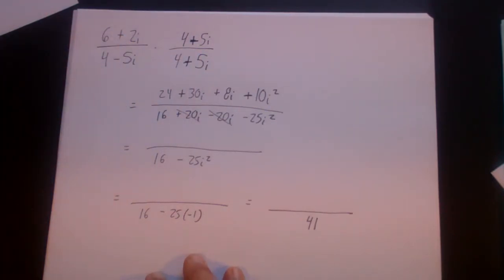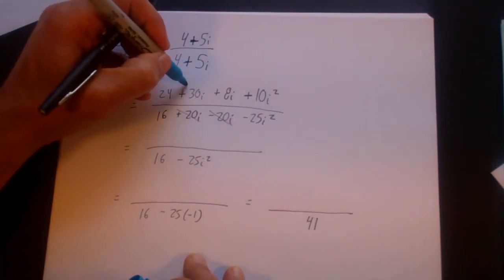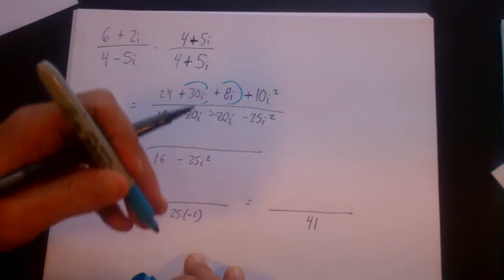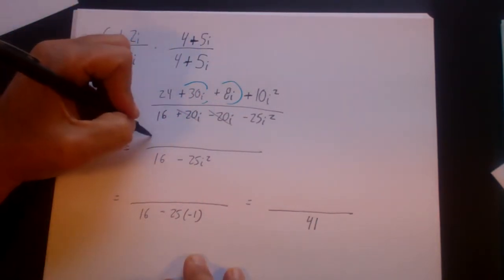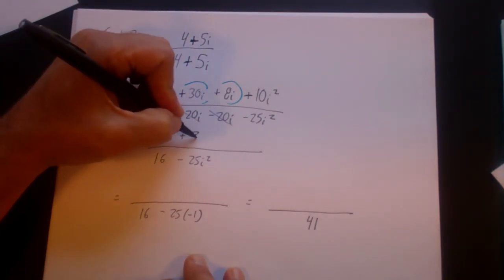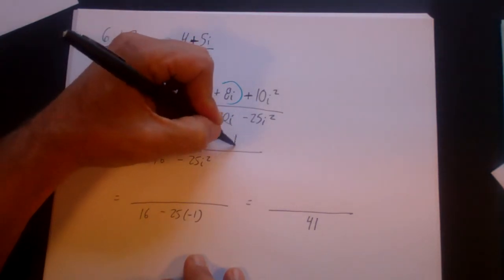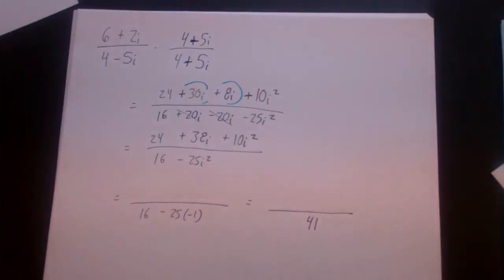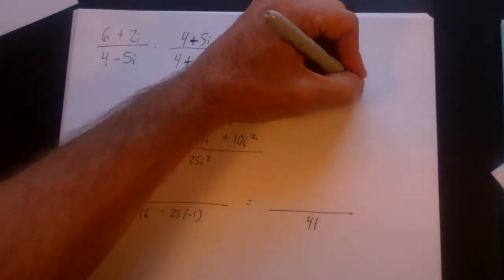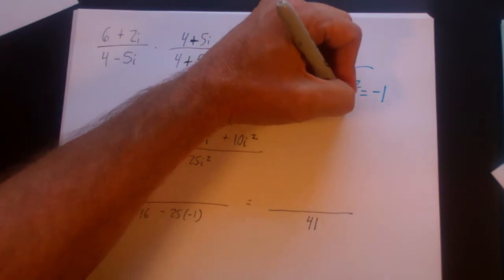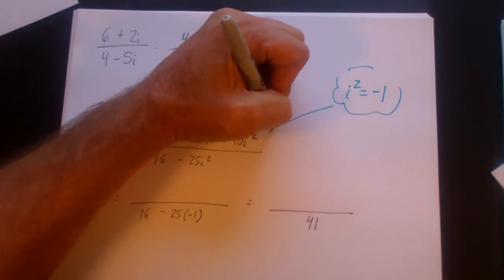Now we're going to combine like terms. If you notice, this is a 30i and that's an 8i. Those both have like terms. So you're going to have 24 plus 38i plus 10i squared. Now, i squared is minus 1, right? So I'm going to plug that in right there.